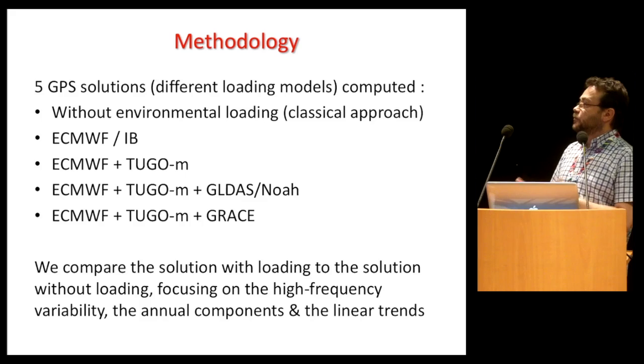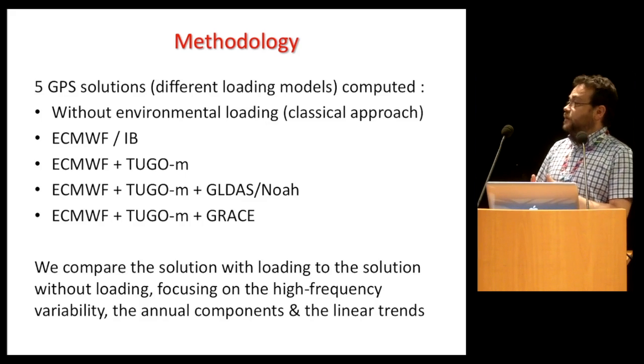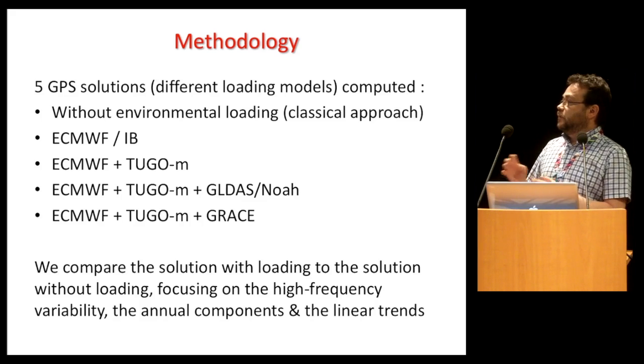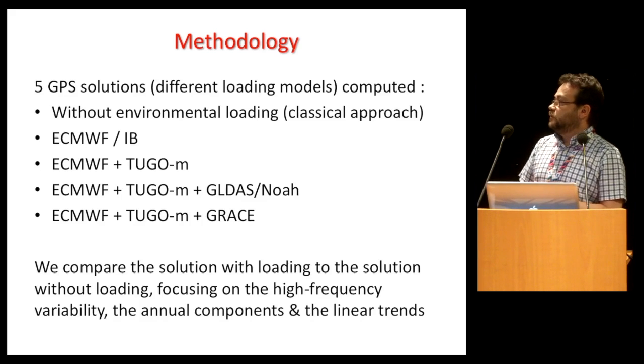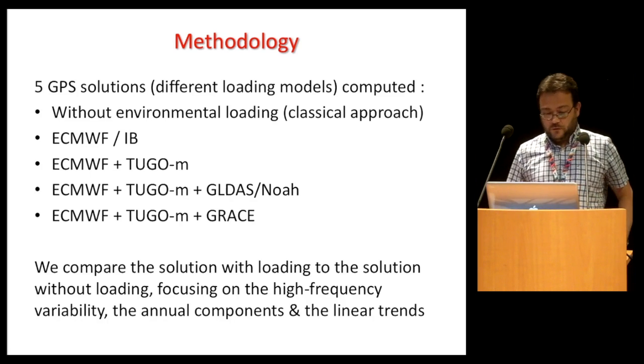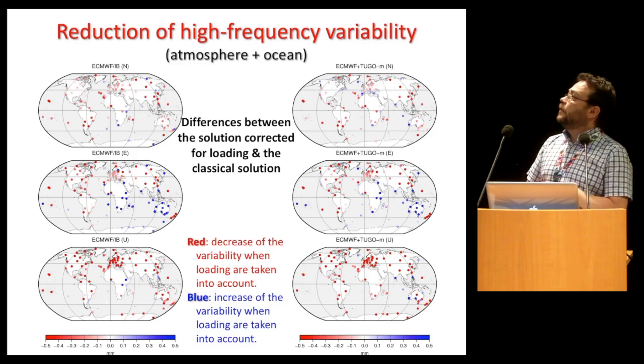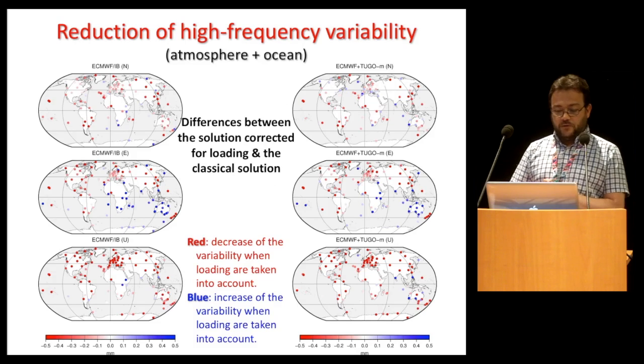And basically, I compare the solution where I include the loading to the solution without the loading, and I will mostly focus on the high frequency variability, the annual component, and the linear trend. So basically, I take the station displacement of the solution with the loading minus the solution without loading. And here is where I only consider the loading from the atmosphere and the ocean.